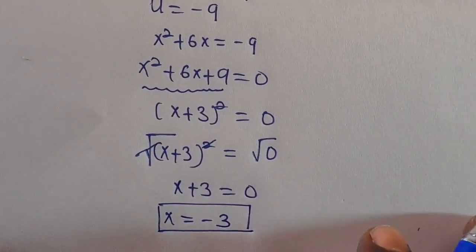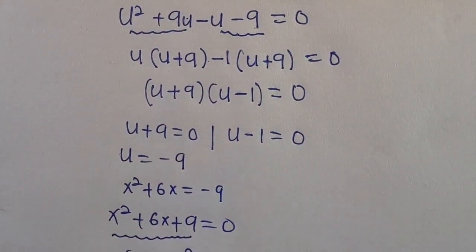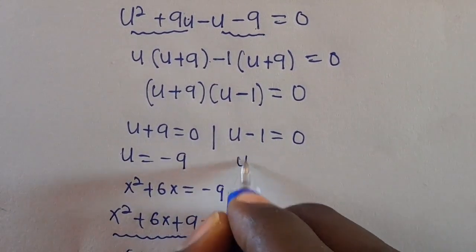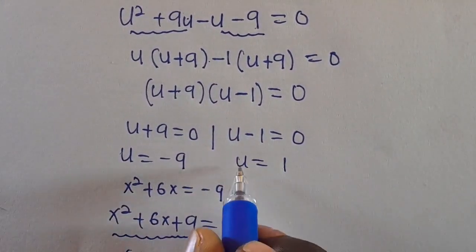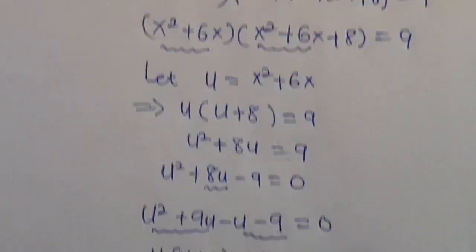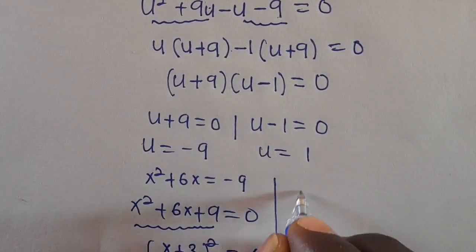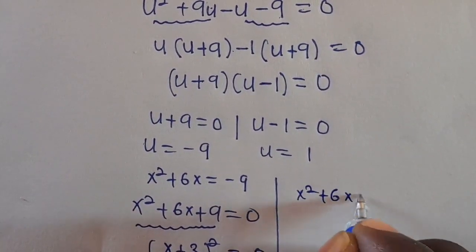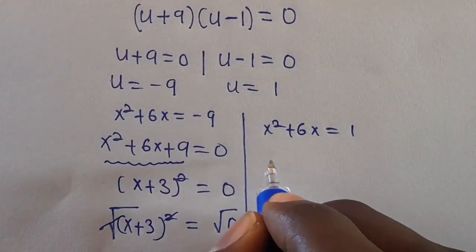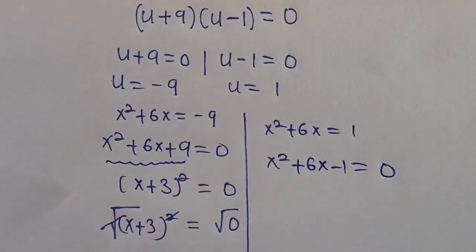Now likewise, from u minus 1 equals 0, we have u equals 1. Recalling that x squared plus 6x equals u, we have x squared plus 6x equals 1, and easily x squared plus 6x minus 1 equals 0.